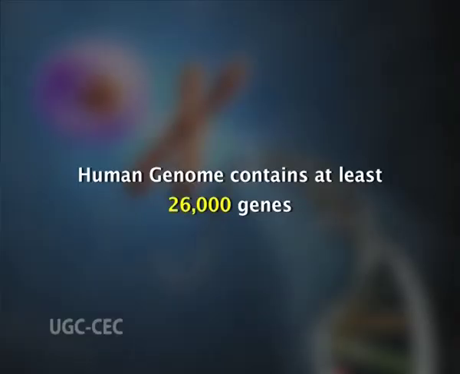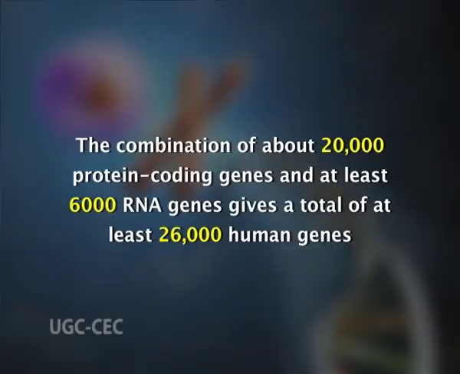The human genome contains at least 26,000 genes, but the exact number is difficult to determine. The combination of about 20,000 protein coding genes and at least 6,000 RNA genes gives a total number of at least 26,000 human genes.